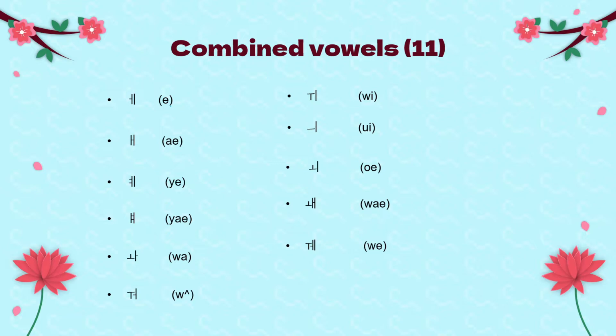Okay, now let's move on to the second topic, combined vowels. This is just the combination of the basic vowels, and we also have combinations of basic vowels and combined vowels. You don't have to depend on adding them up, like if this is oo and this is e, then oo plus e, because if you follow this, you're going to pronounce many words wrong.